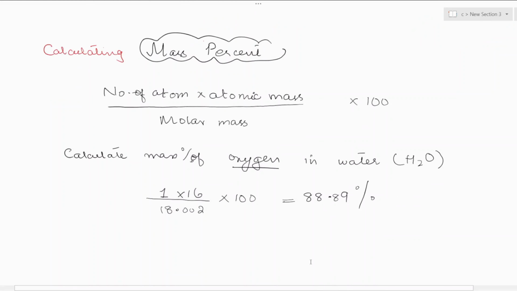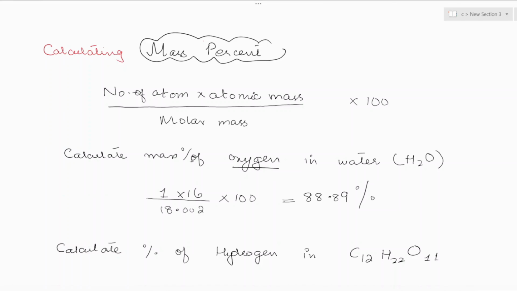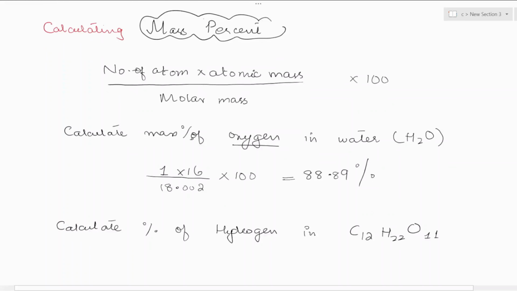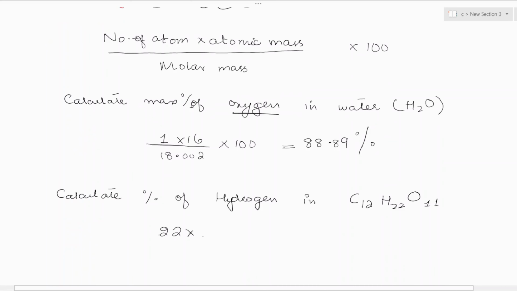Let me give the difficult one. Calculate the percentage of hydrogen in sucrose, C12H22O11. So the number of atoms is 22 and their mass is 1.008.